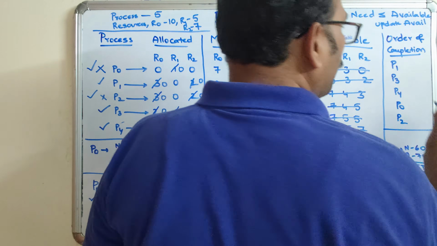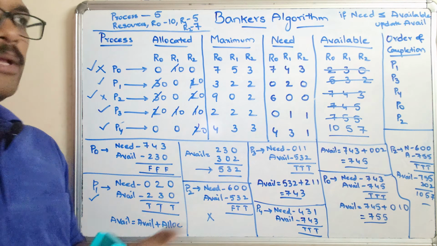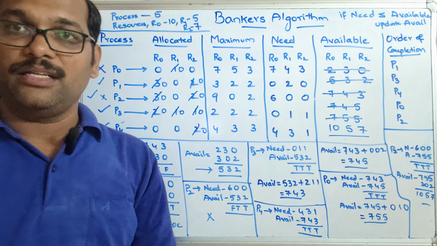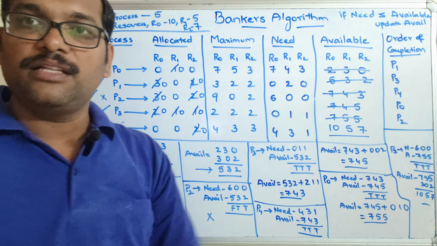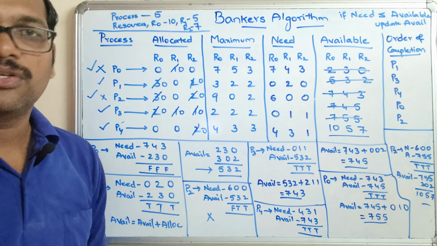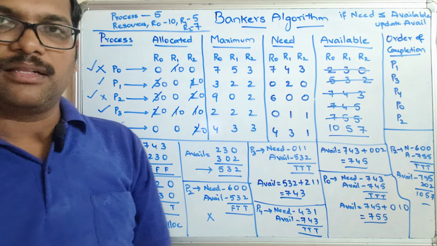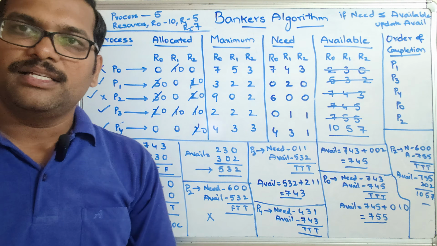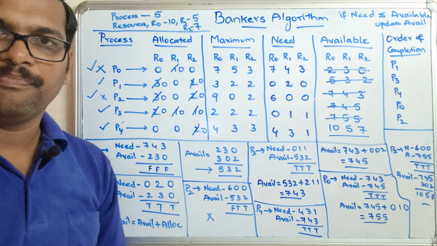So this is the order of completion of the processes. That means allocating the resources to the processes such that there will be no deadlock. So this is called the banker's algorithm, which can also be called the safety algorithm.